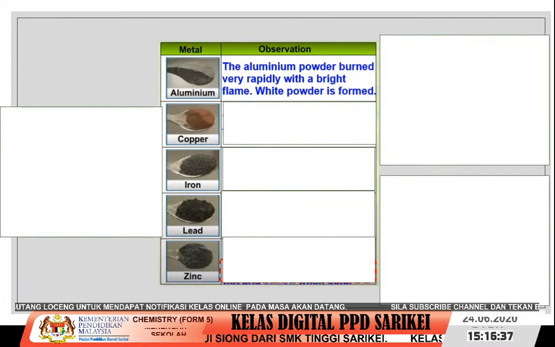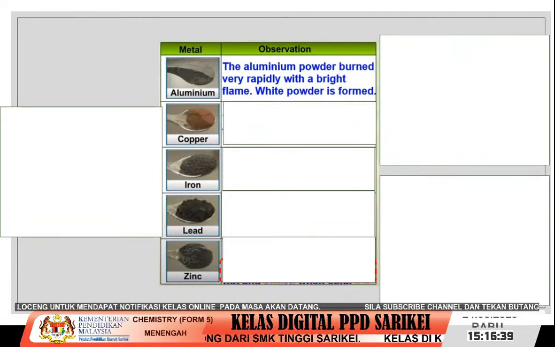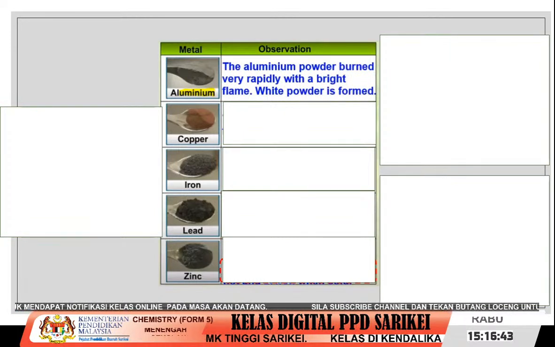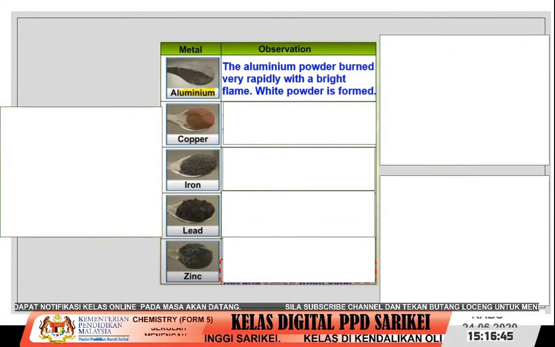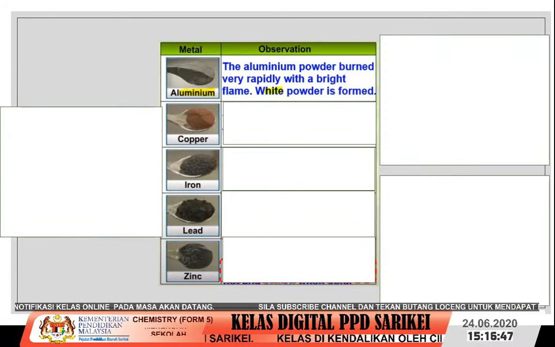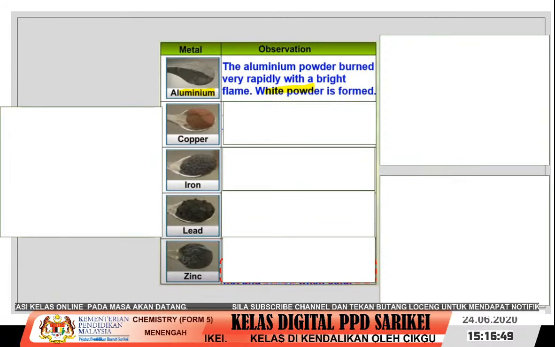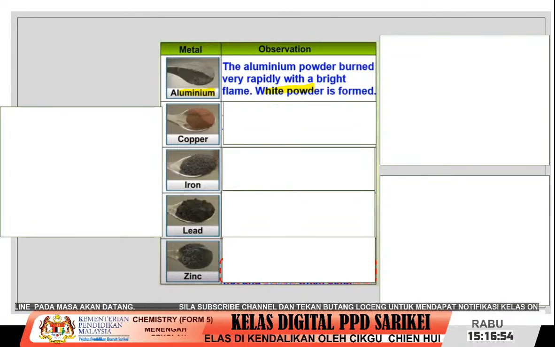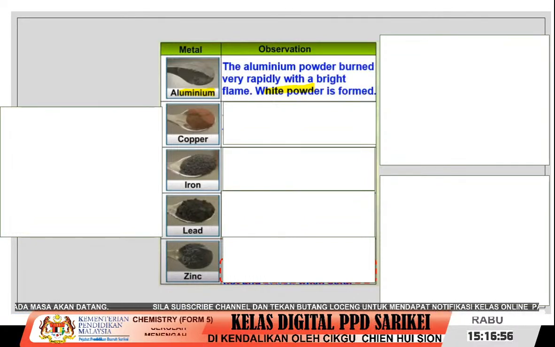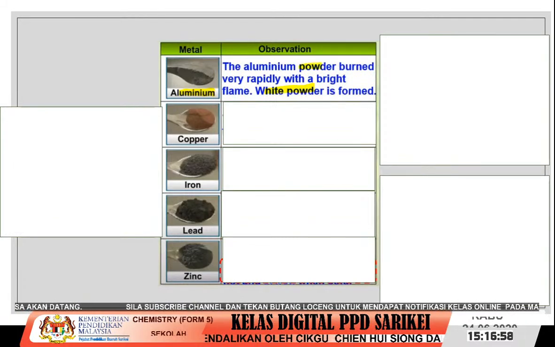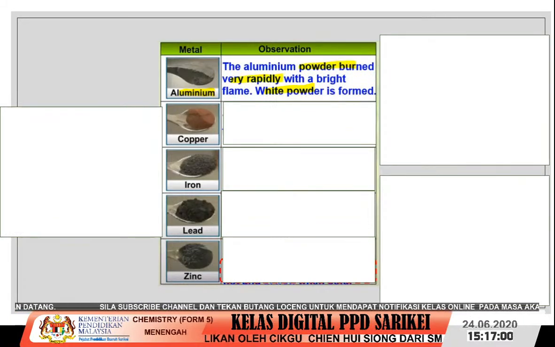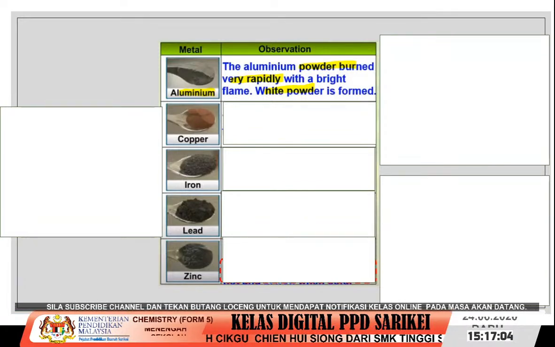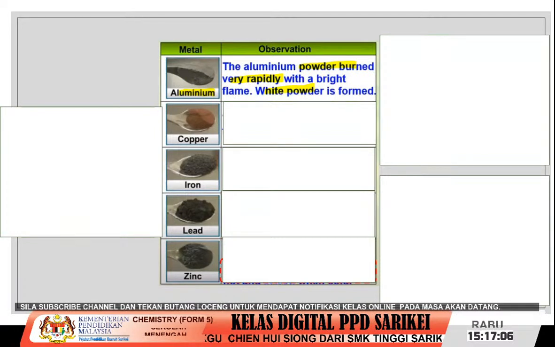The color of aluminium metal is gray, and the product formed during the reaction is a white powder. The white powder formed is called aluminium oxide. Aluminium powder burns very rapidly, so the brightness of the flame indicates the reactivity between aluminium and oxygen is very high.